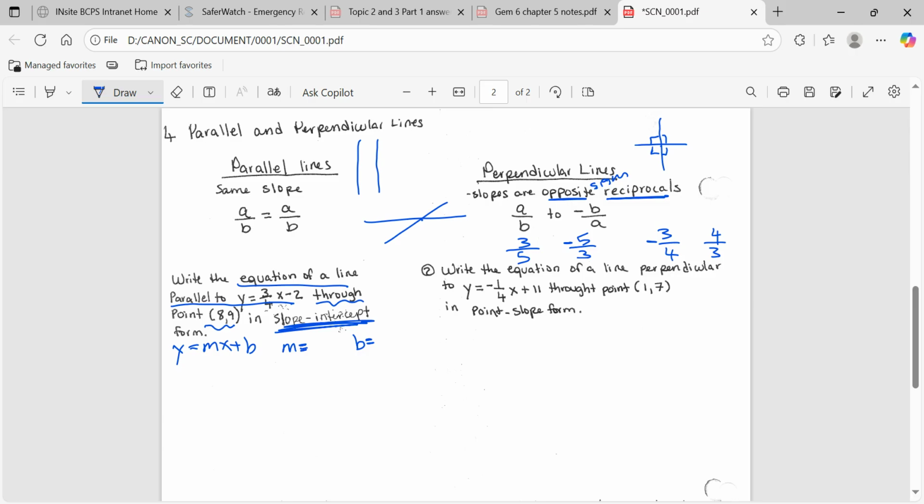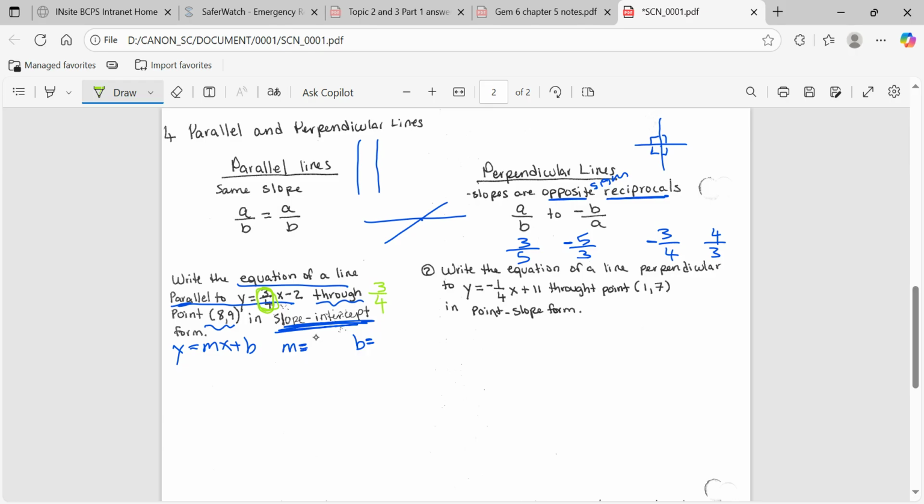So if I want this line that is parallel to this particular line, I need to note that the slope of this line is 3/4. Because the slope of this line is 3/4, a parallel line will have the same slope.